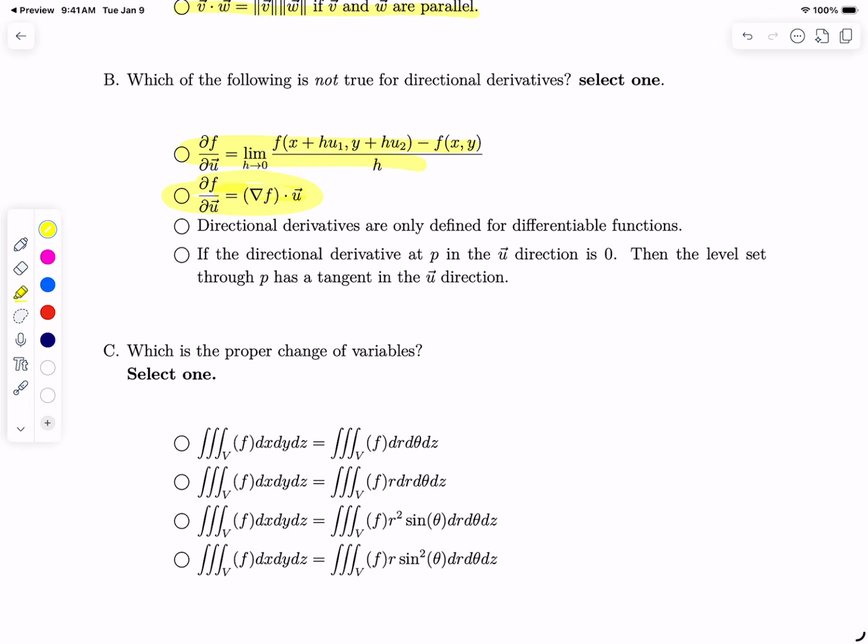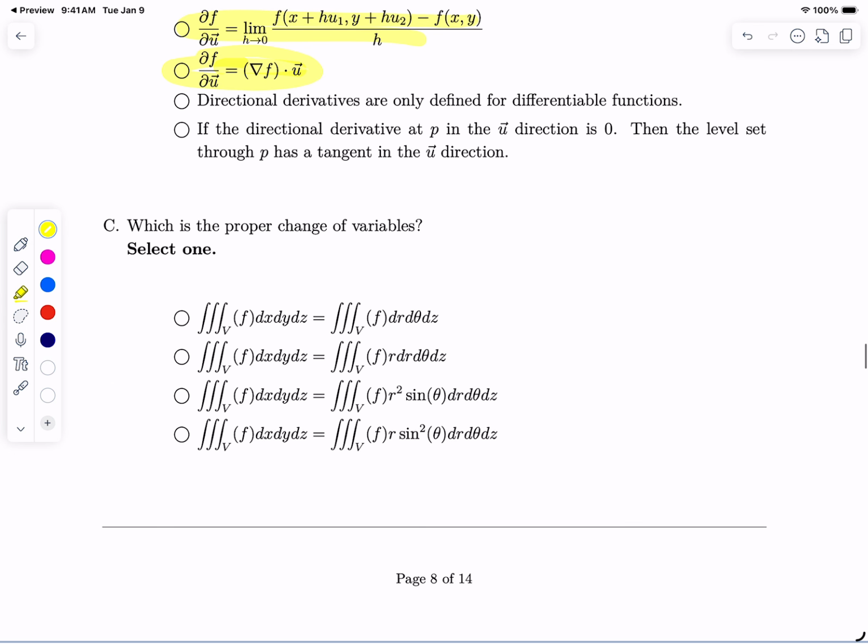If the directional derivative at p in the direction of u is 0, then the level set through p has a tangent in the u direction. What does that say? No, just leave it.